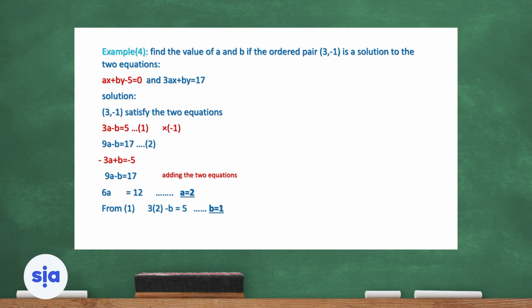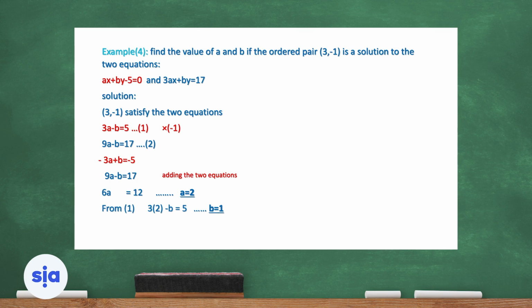So we're going to go to both equations and substitute the x value by 3 and the y value by -1. So in the first one, it will be 3a plus -1b minus 5 equals 0. Yes, exactly. It will be 3a minus b equal 5.